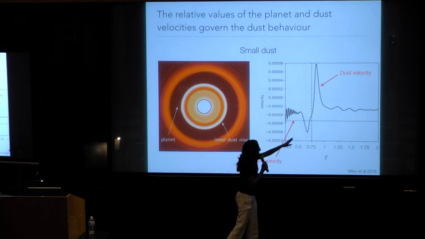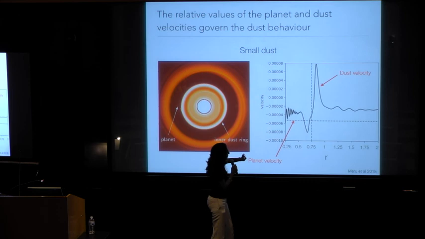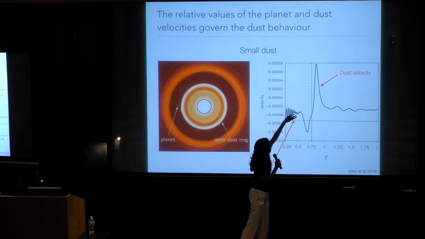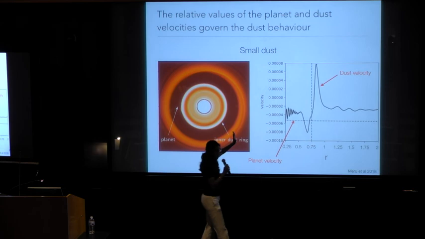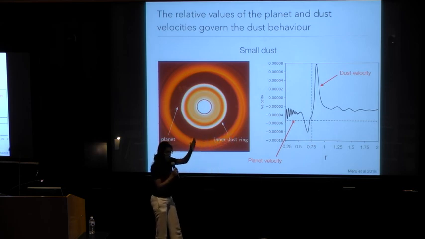So for these ones, the way to see it is that here they're moving a little bit slower, here they're actually moving faster. The idea is that the dust is being snowplowed by the planet, pushed into that pressure perturbation where they are then slowing down.